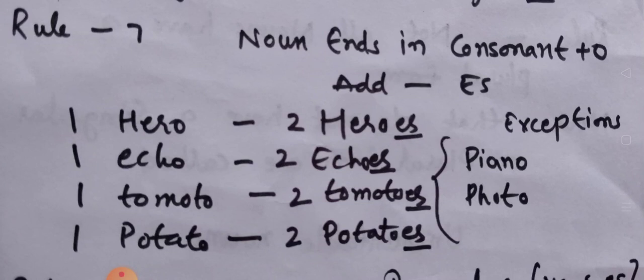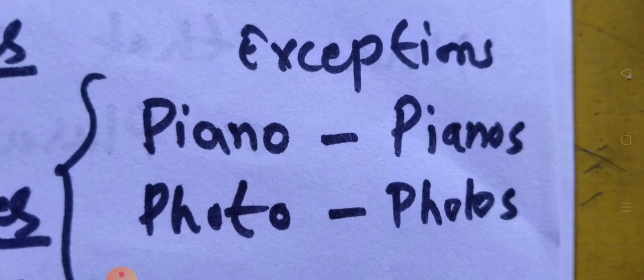And in the case of consonants, we are supposed to add ES, right? But here, piano, photo, these are some exceptional cases where you will not add ES, you simply have to add S. In your exceptional cases, simply you are going to add S. There is no need to add ES.